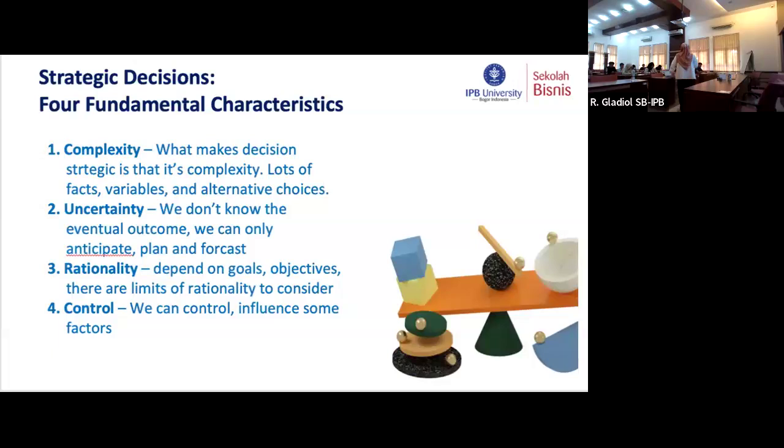Okay, so last week, strategic decision: fundamental characteristic, complexity. In this kind of era, whatever you see, learn, or hear from social media, for example, there is a lot of information you receive, right?